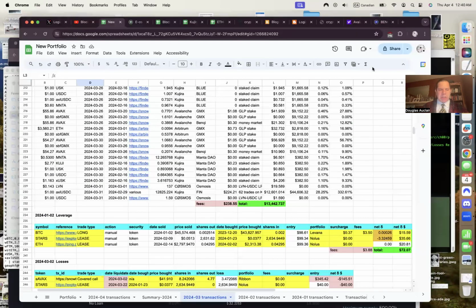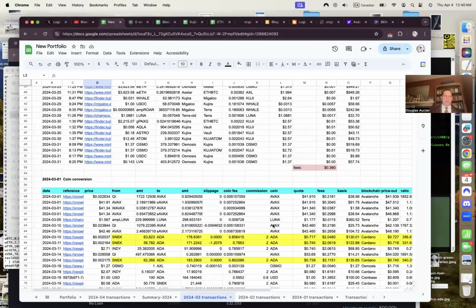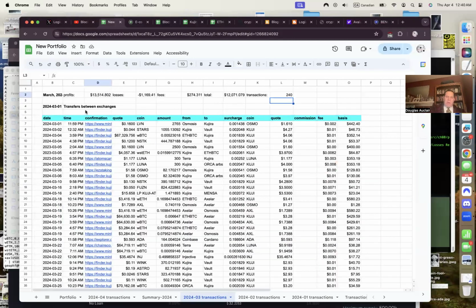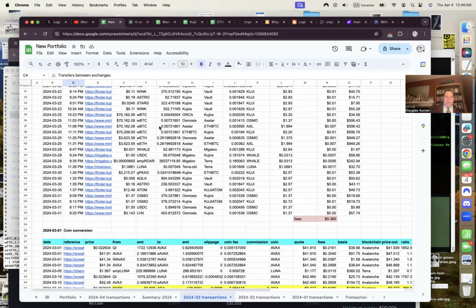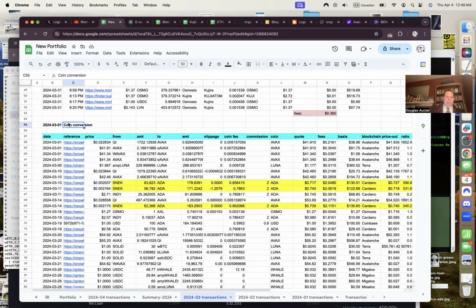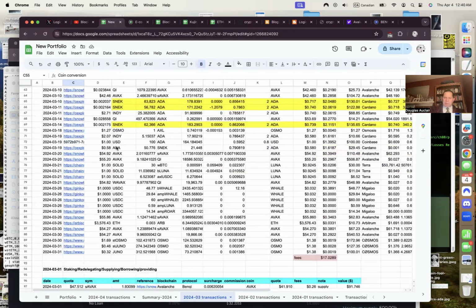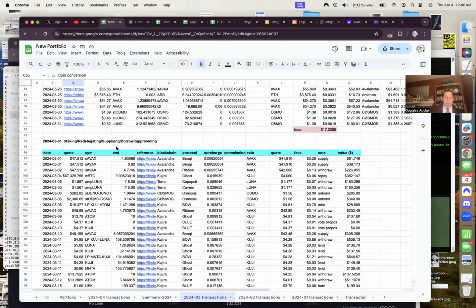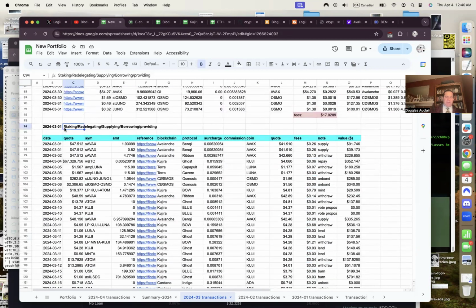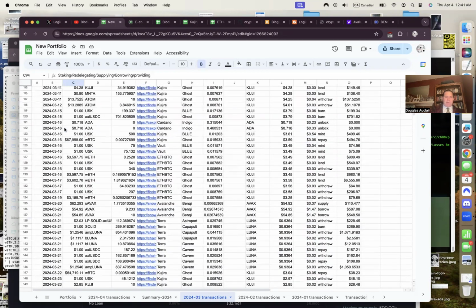And these transactions I loosely group into transfers between blockchains, coin conversions, swaps, for the most part, various housekeeping activities on the blockchain, mostly around staking, but, for example, supplying or withdrawing liquidity from a money market goes here as well.